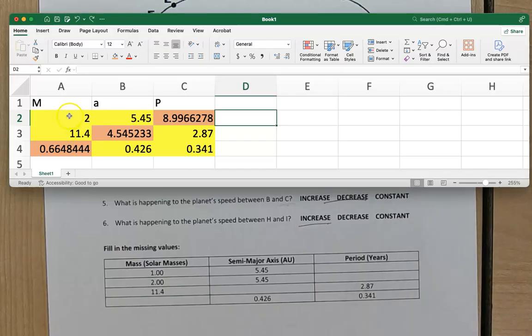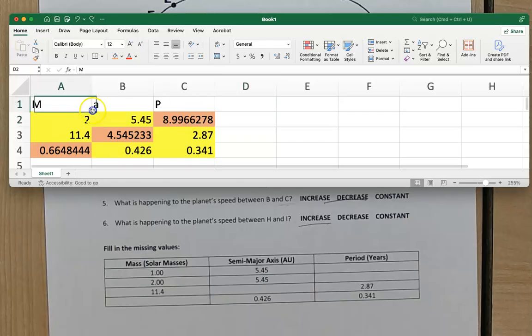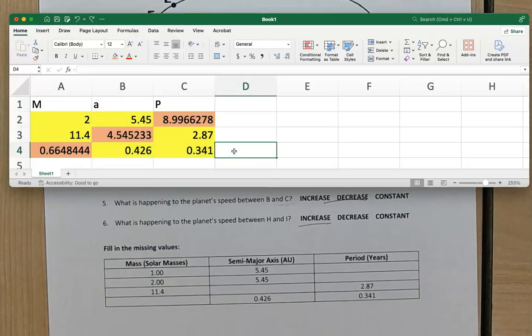And so anything orbiting anything will orbit according to Kepler's laws of planetary motion, quote unquote. And therefore you can use Kepler's 3 laws and these formulas to figure out the mass, the distance, and the period for anything orbiting anything.